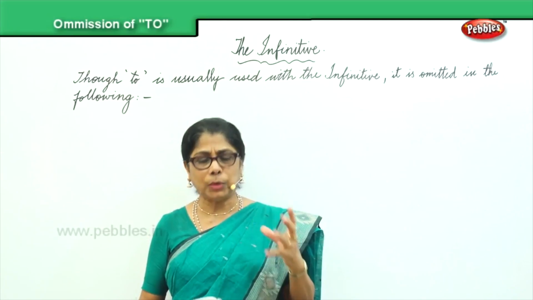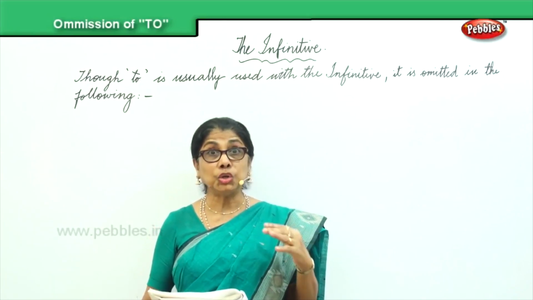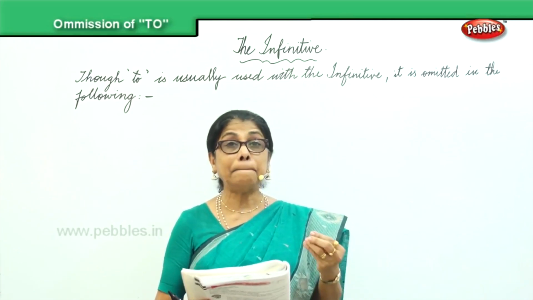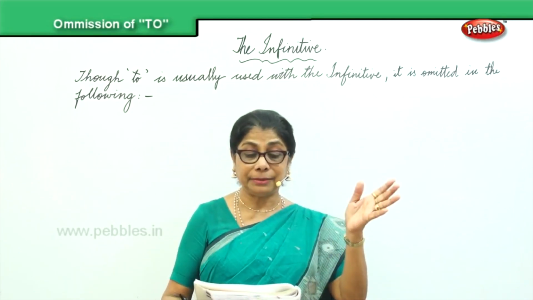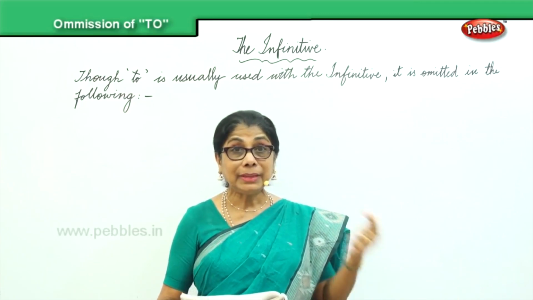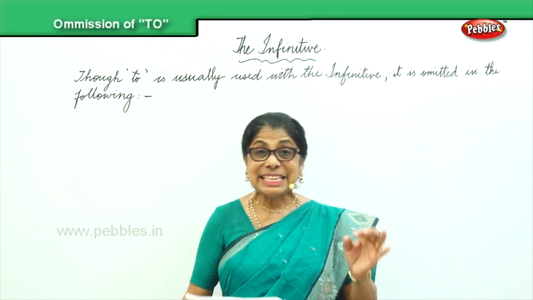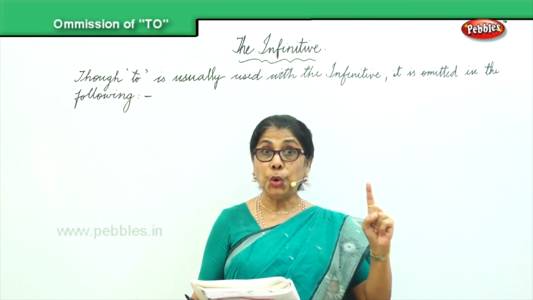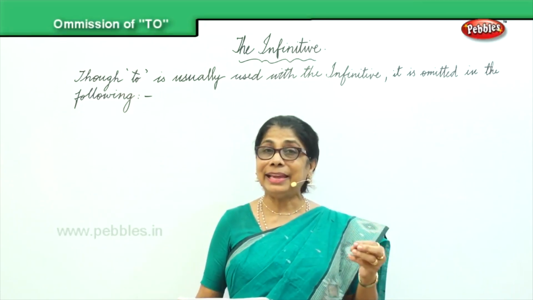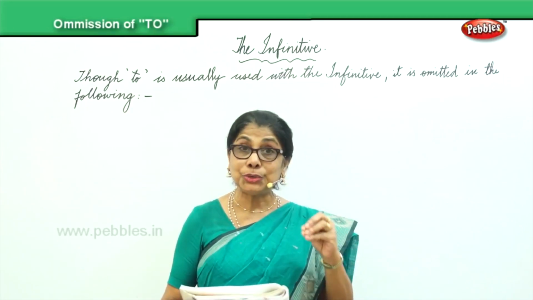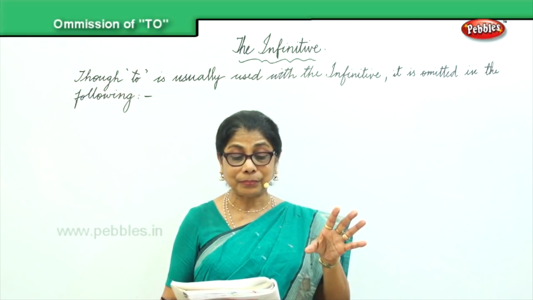I've got some more verbs where to is omitted. Now the verbs like bid, hear, make, see, watch, please, need, know, let. Again, when we are using these verbs, to is omitted.